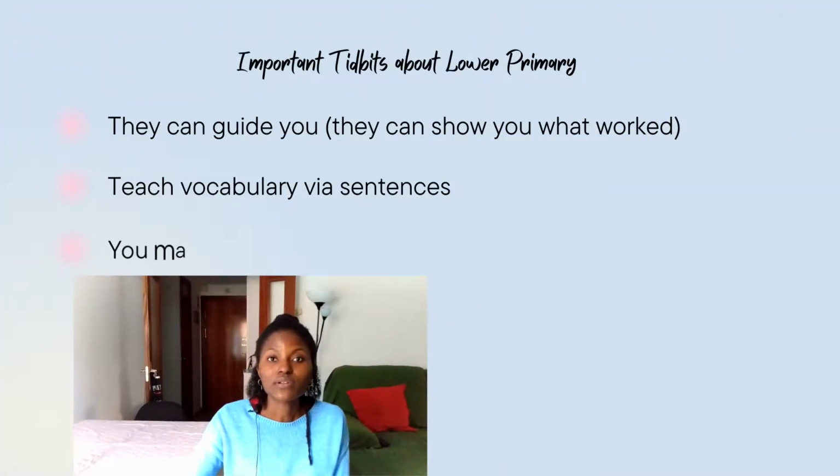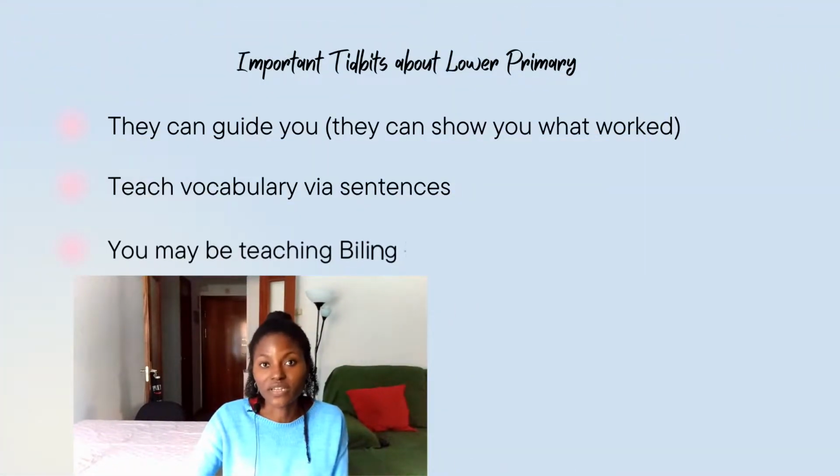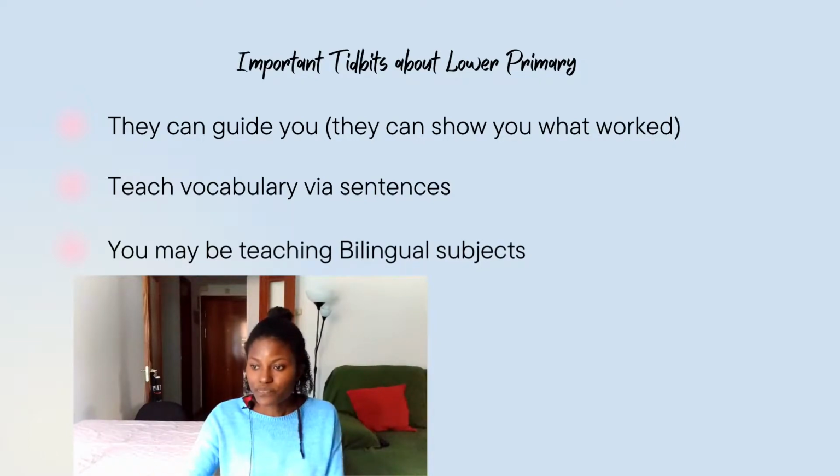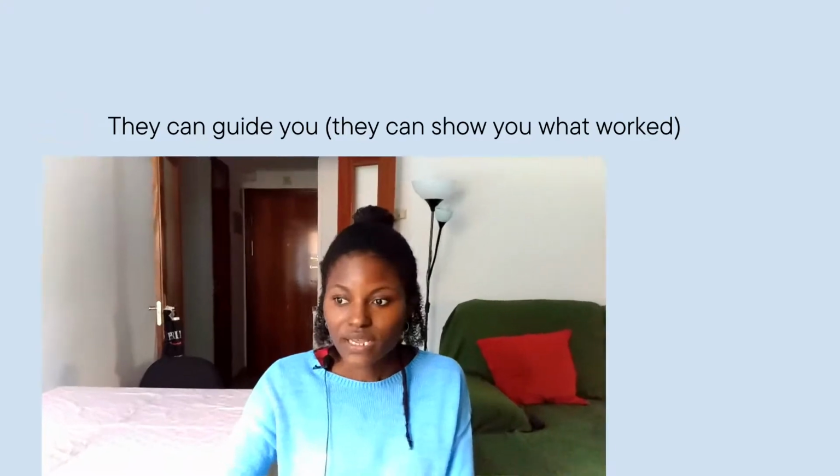I also want to say that in Spain, specifically, there are certain bilingual subjects that you may be teaching in, such as science, music, I believe history in some schools, though I haven't done history mostly. With science, you can have natural science or social science, so a bit of history maybe in social science, actually, as well as others.